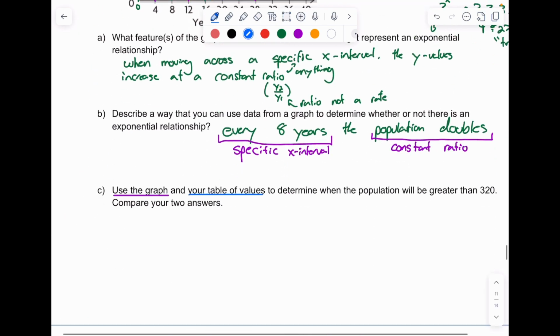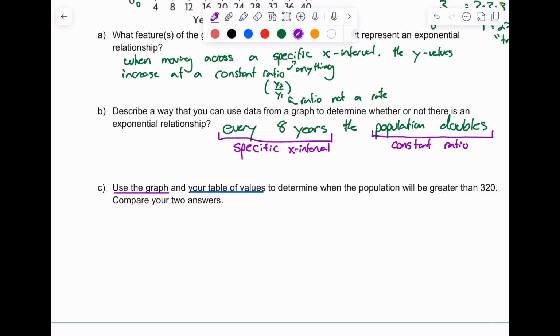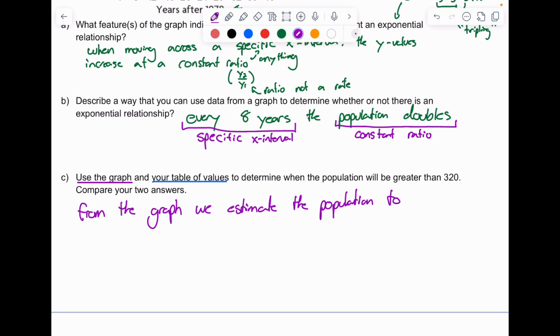I should have done that in purple, but so from the graph, we estimate the population to be 320 after 32 years.